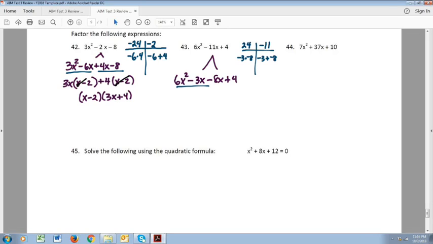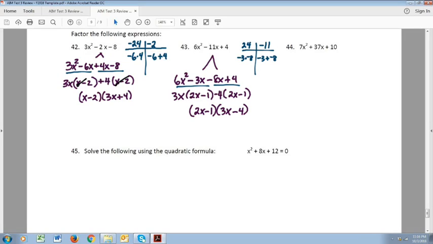So the first 2 terms we can factor out the GCF of 3x, times 2x minus 1. So when we factor these 2 terms, we're expecting to get a 2x minus 1. So to get the negative 8x there, we need to multiply by negative 4. And notice negative 4 times negative 1 does give you 4, and so we're good. So we're going to get 2x minus 1 times 3x minus 4.